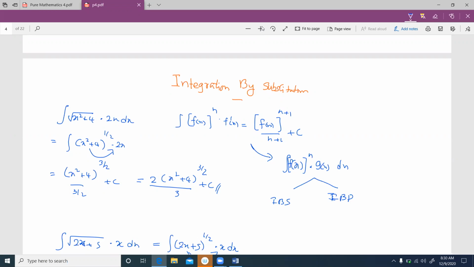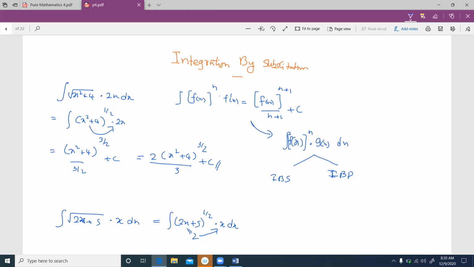So how do you verify which one to use? If you come up with a question like this, where the differentiation of this function is not available here, you have to decide whether to go for substitution or integration by parts.